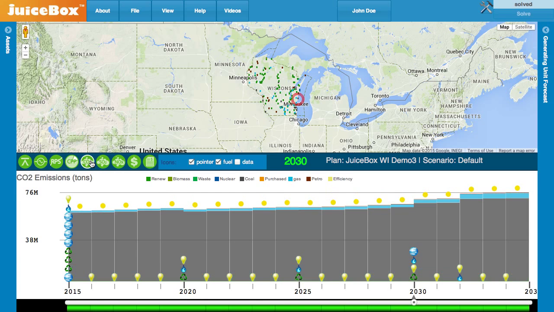Looking at the CO2 emissions, we see emissions increase more rapidly as coal use increases. Let's watch how emissions might change if these retiring units were replaced in 2030 by 2 new nuclear units of roughly twice the size.